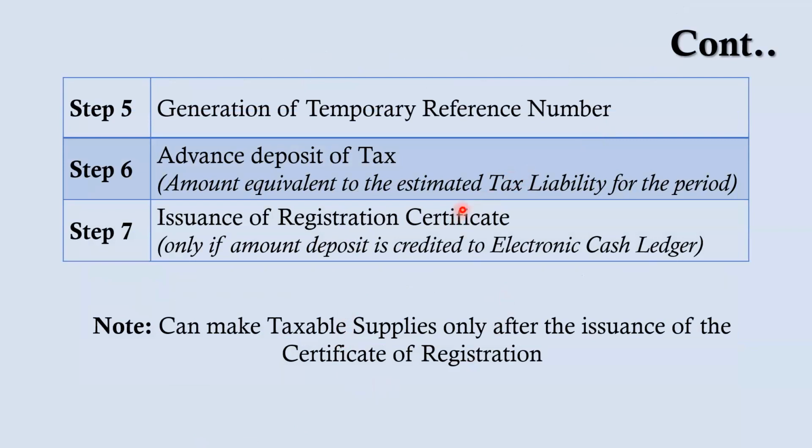Next is the issuance of the registration certificate only and only if the amount is credited to the electronic cash ledger. So one has to take a note that a non-resident person can make taxable supplies only and only after the issuance of the certificate of registration. This is the main part of it.